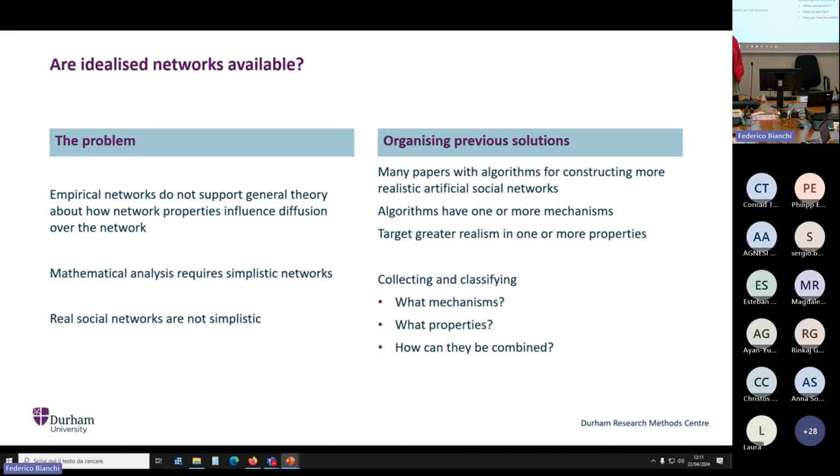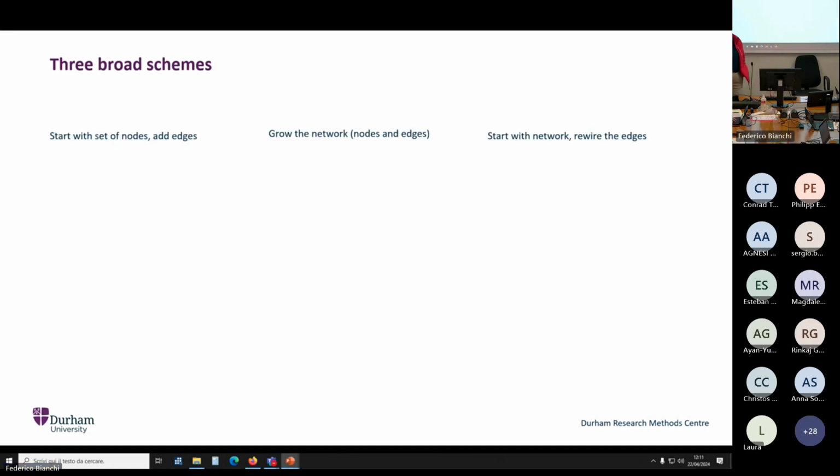These algorithms typically have multiple mechanisms in there, and they typically target one or more network properties. We're trying to collect that into some sort of information source that says these sorts of mechanisms are available to create networks that have realistic values of these sorts of properties. That's where we're going. So we're in the collecting and classifying stage.